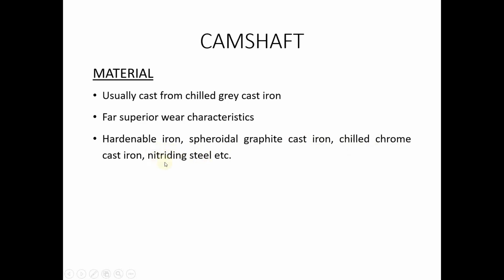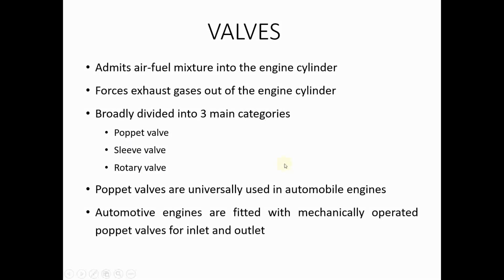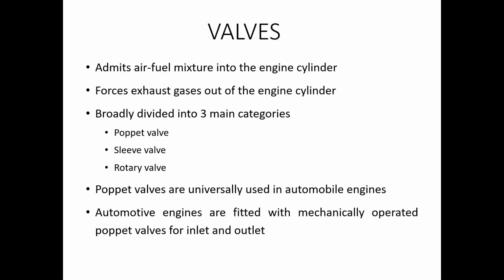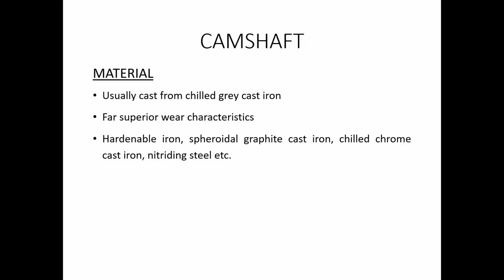Nitriding steel, similarly, is more costly and again used in high performance engines. And at the end of this video I'll be showing how the crankshaft and camshafts are manufactured. So you can see clearly in that video which are the machining processes used to manufacture camshaft.